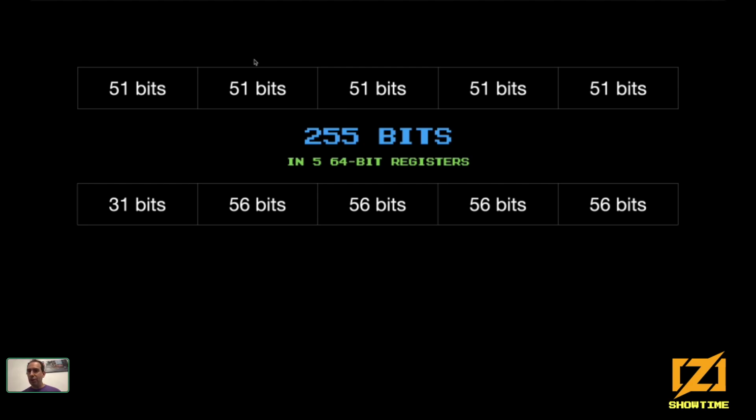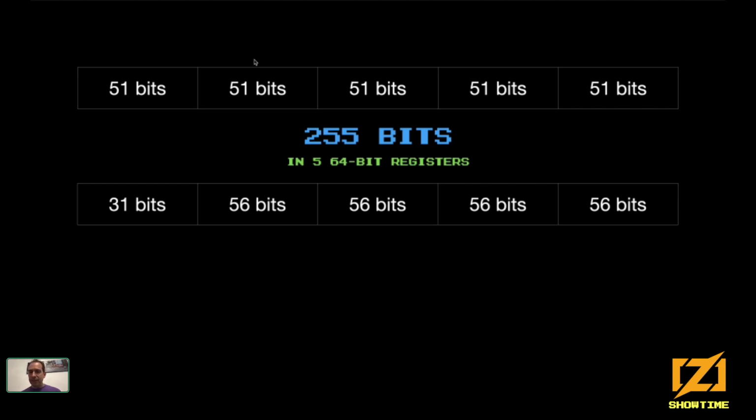We have plenty of extra bits that we don't use. We don't have to use 51 bits. We can use something different, such as a bunch of limbs with 56 bits, which is nice because it's a multiple of 8. So we can use permutations or unaligned moves. We don't have to do shifts to go from a byte representation to this one. So we can use pretty much anything we want.